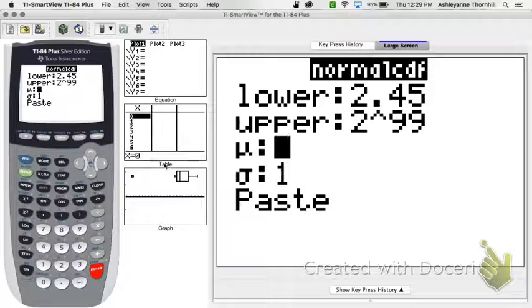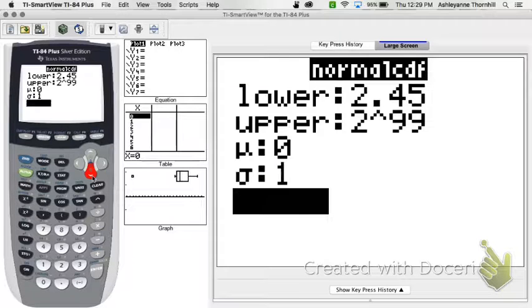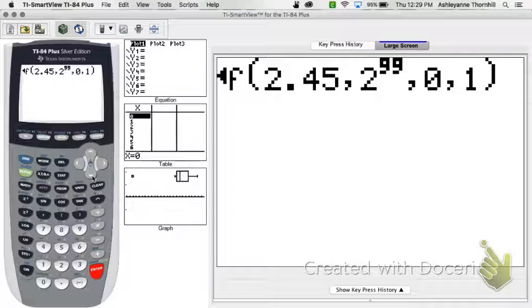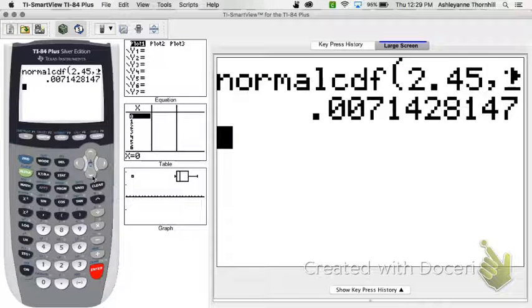And I'm going to leave my mean as 0 and my standard deviation as 1. We don't ever touch that for right now. We'll change it later, but right now, our mean is always 0, our standard deviation is 1. I hit paste, and then enter again, and this is my probability, 0.0071.